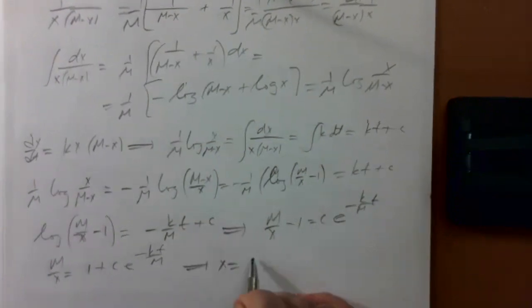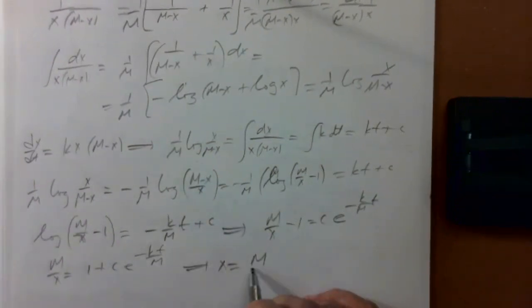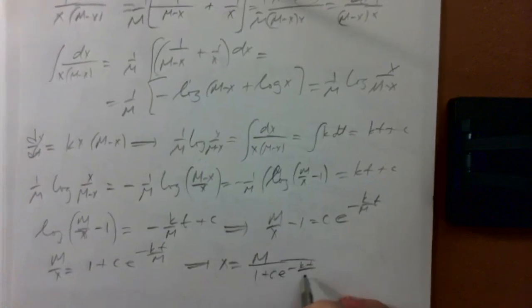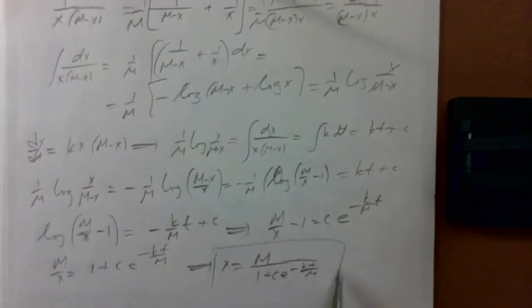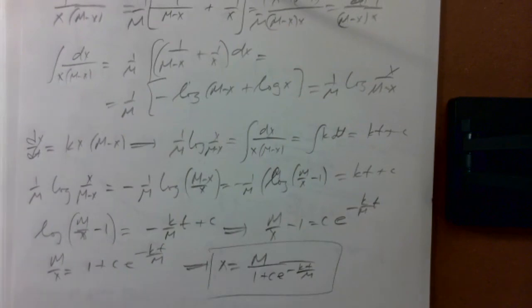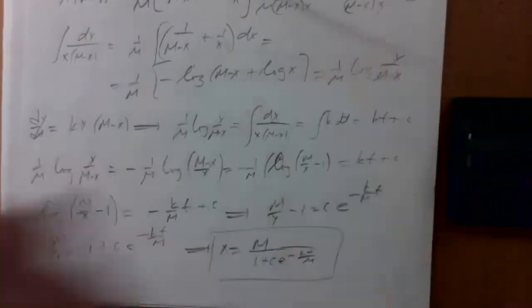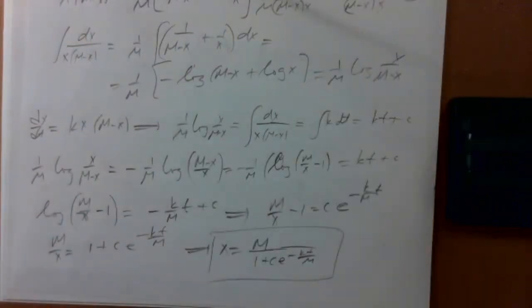So x is m, I'm just taking the reciprocals, over 1 plus c e to the minus kt over m. So this is the solution of this population growth equation.